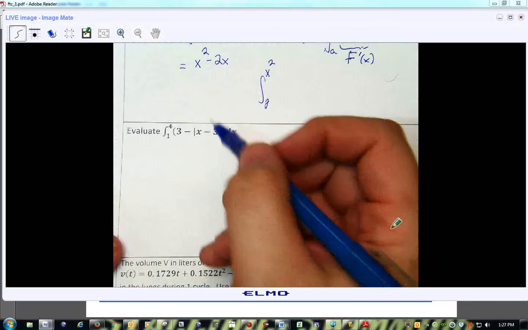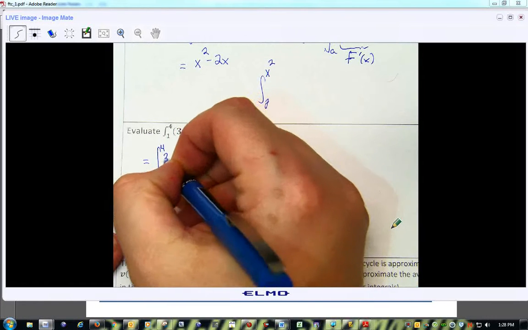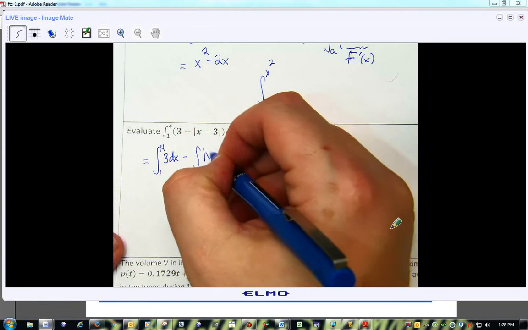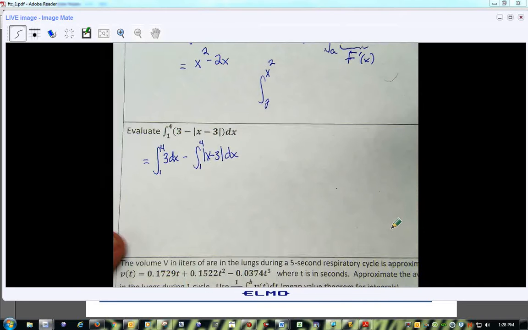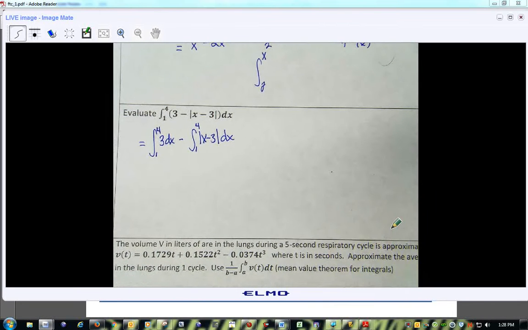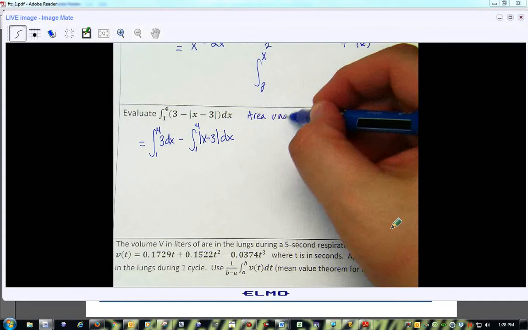Now this one, you can separate it. And what is an integral actually calculating? Yep. Area under the curve.